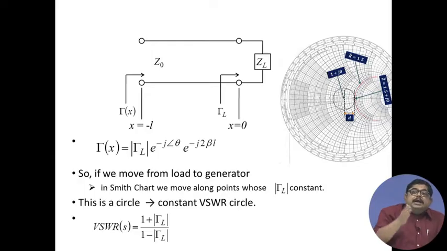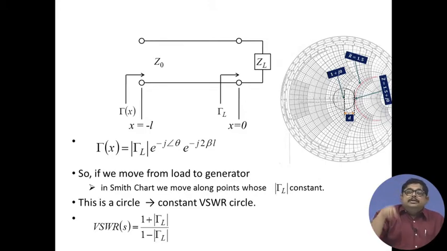So the magnitude of the line reflection coefficient is always equal to the magnitude of gamma L. That means the load's reflection coefficient magnitude and the line reflection coefficient magnitude are always the same. So if I move along the transmission line, basically I am moving along the points whose gamma L magnitude, that means the magnitude part of the load reflection coefficient, is constant.